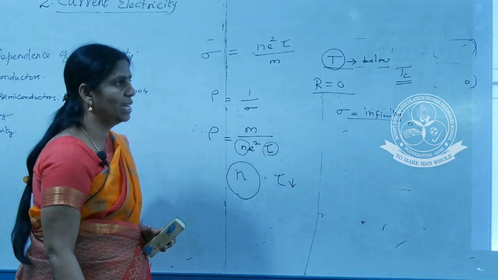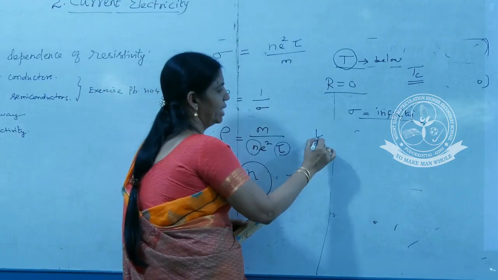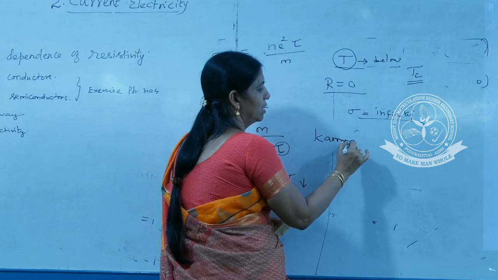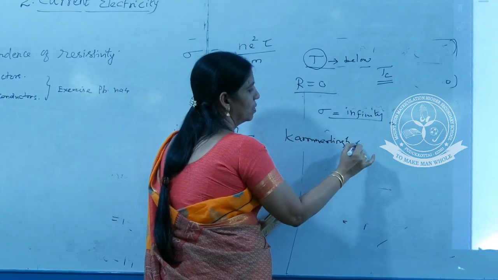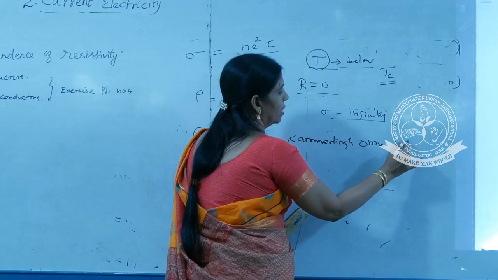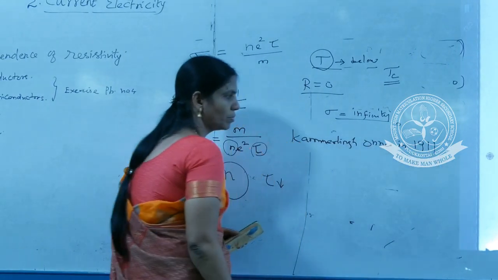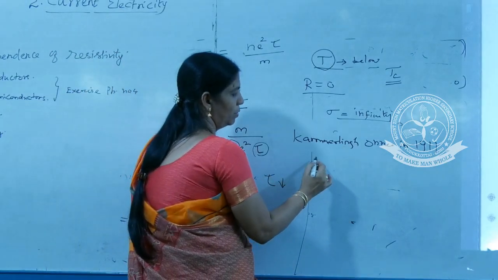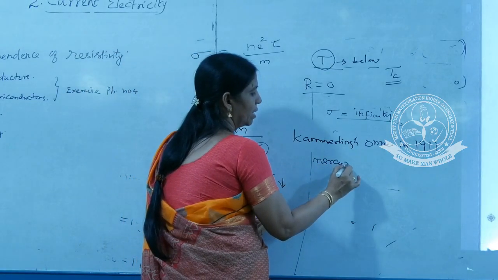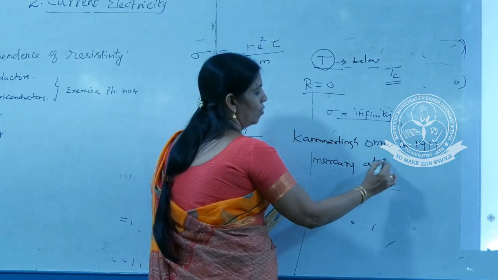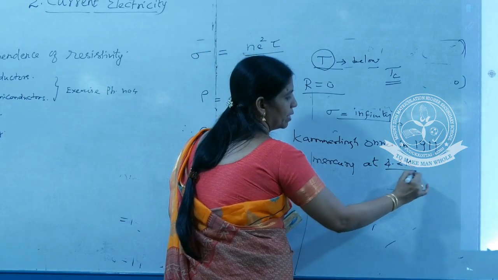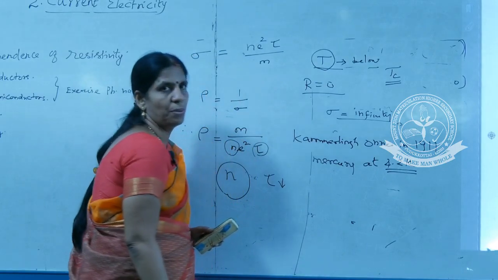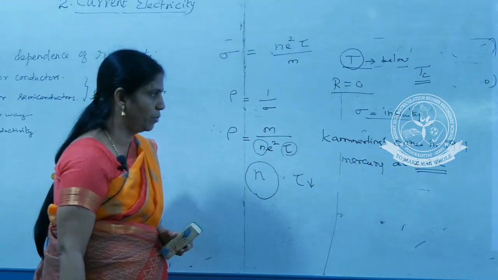It was the scientist Kamerlingh-Onnes, in the year 1911, who found out that it was mercury at 4.2 Kelvin. It is the lowest possible absolute temperature of mercury.